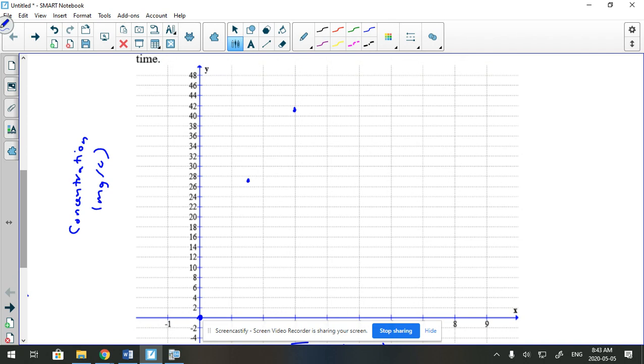It's a little too big for my screen. Then at 6, it's going to be at 46. 7.5, it's going to be at 36.8. And then at 9, it's at 20.3.